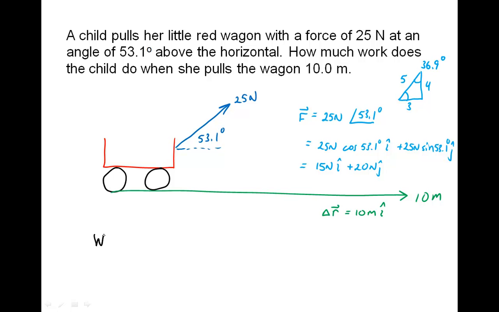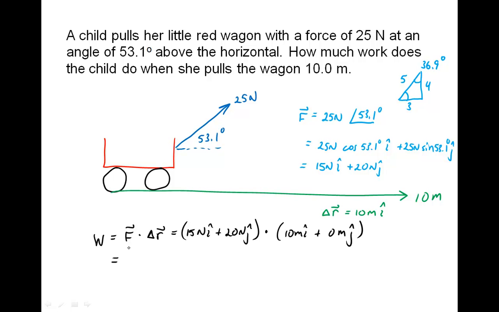And so the work done by the child is equal to F dot delta r. But that's going to be 15 newtons in the i plus 20 newtons in the j, dotted with 10 meters in the i plus 0 meters in the j.